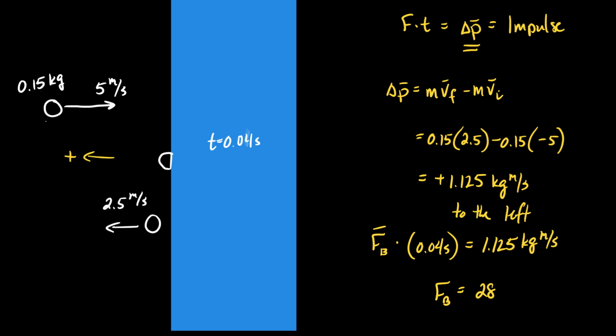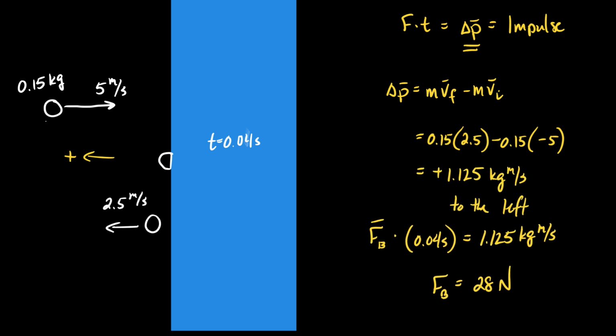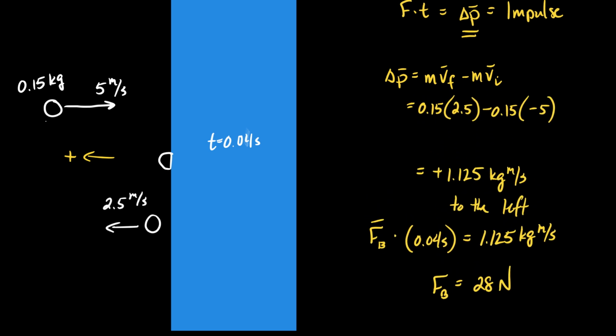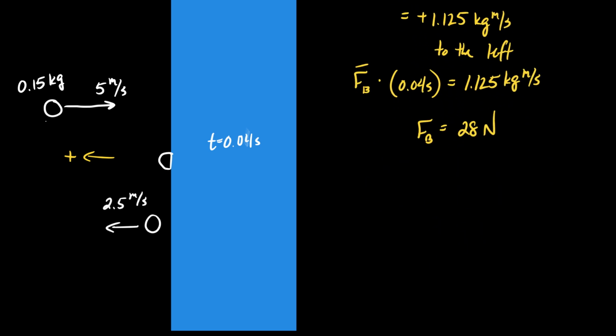It's kilograms meters per second squared. That's a Newton. But that's on the ball. Wow. Newton's third law would tell me that the force on the wall must be equal but opposite to this. So the force on the wall will be 28 newtons to the right. Newton's third law.